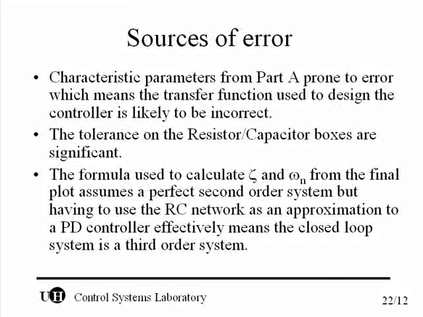To start with, the parameters that we used to get the transfer function came from an experiment in part A. I did give many of you alternative values to use, but nevertheless it's still come from experimental data. So we could have been designing a controller that wasn't quite for the box we thought it was.